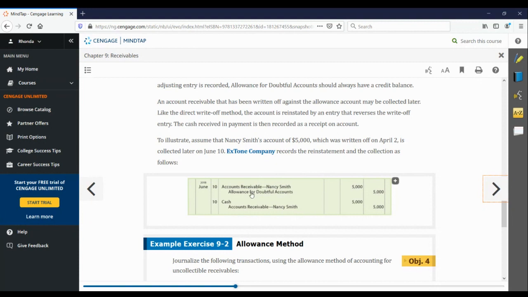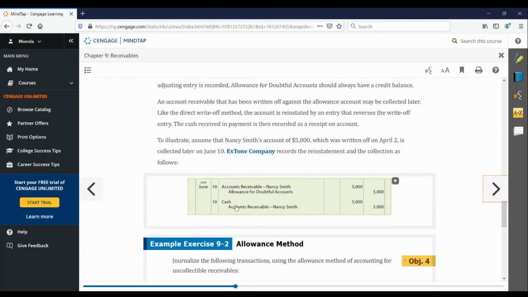So we are going to debit our accounts receivable for $5,000 to put the accounts receivable back on our books for Nancy Smith, who's saying that she's going to pay us today. We're going to credit the allowance for doubtful accounts to reverse that back out of the allowance account.